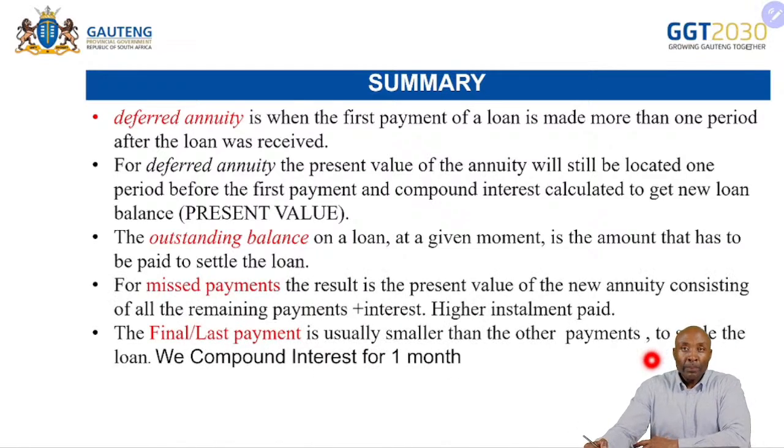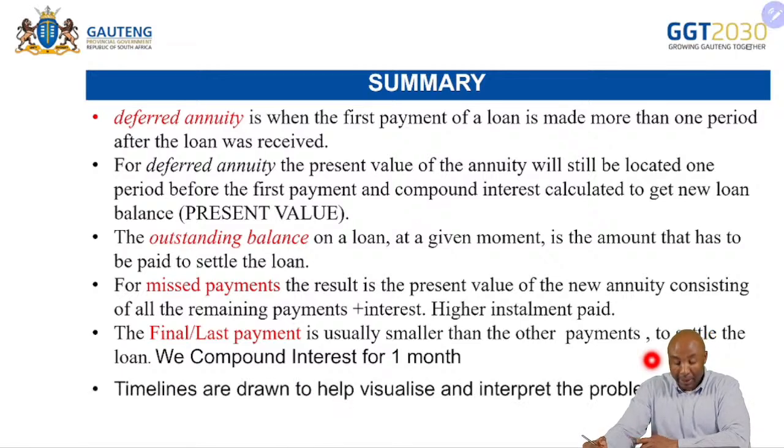And then the final payment, it's normally less than the other monthly installments, and a timeline is drawn to help us interpret the scenario. It makes our life easy to see the questions.